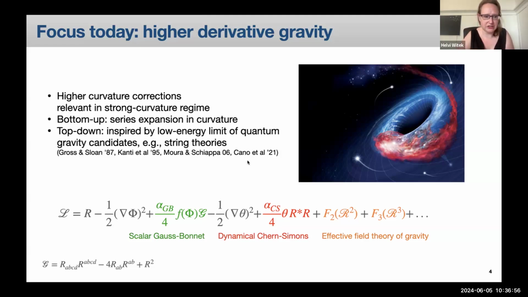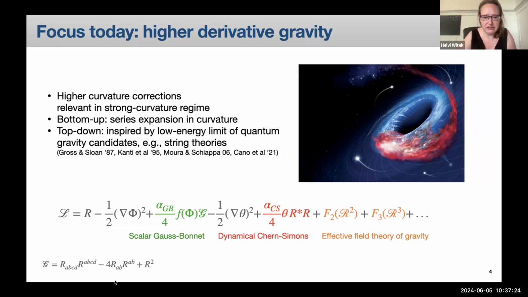I'm just writing down the Lagrangian here. So what do we have here? We get our beloved Einstein-Hilbert term, just the Ricci scalar. Then we can add a curvature invariant. This curly G here is a specific combination of the Riemann tensor squared, Ricci tensor squared, and Ricci scalar squared that gives you second order derivatives of the metric to a higher power.